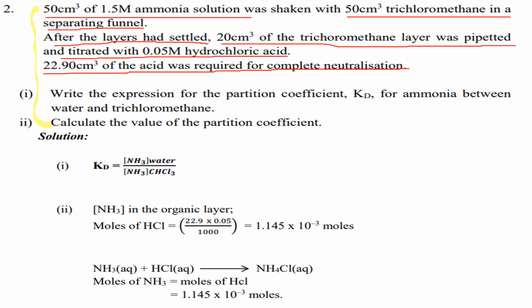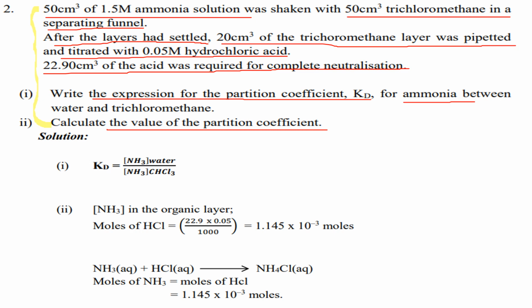So you are being prompted in Roman number 1 to write the expression that can express partition coefficient for ammonia between water and the organic layer, and this time round the organic layer we used was trichloromethane. Roman number 2, you are being prompted to calculate the value of the partition coefficient.